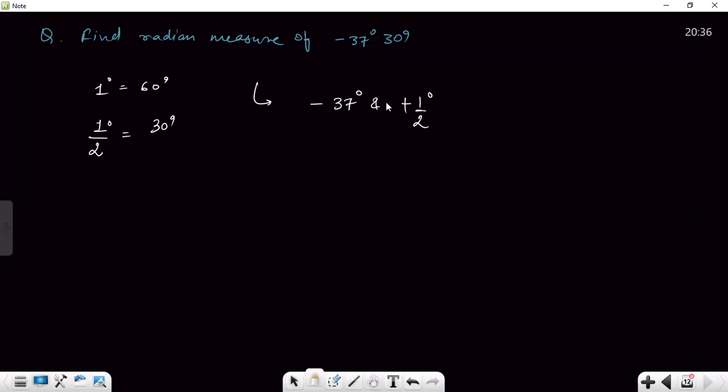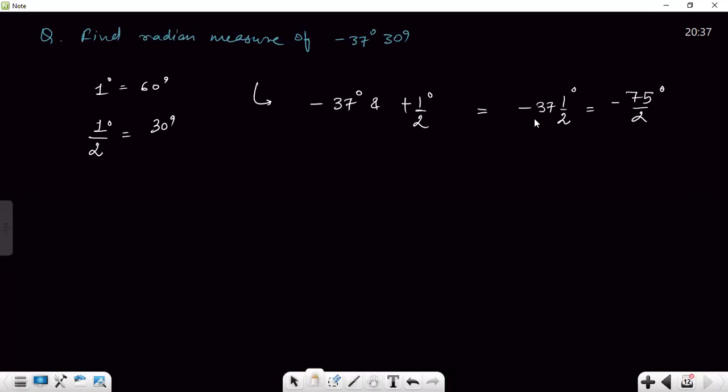We can write it as minus 37 and a half degrees. Let's keep the minus outside. 37 into 2 is 74, plus 1, 75 by 2 degrees. Is that clear how we have compounded the degree from minutes and degree?